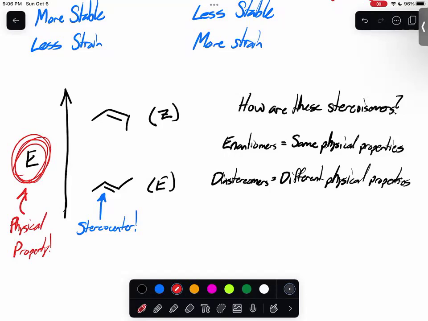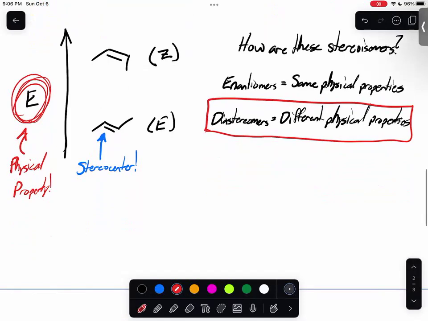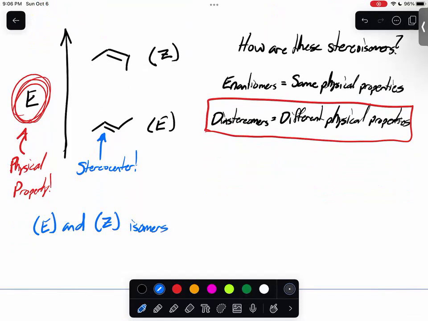Since energy is a physical property, that tells us that these have to be diastereomers. Okay? So the big conclusion to this idea is that E and Z isomers are always diastereomers.